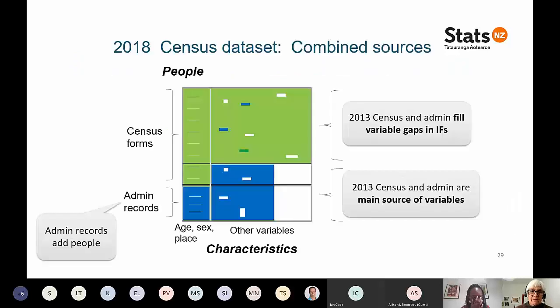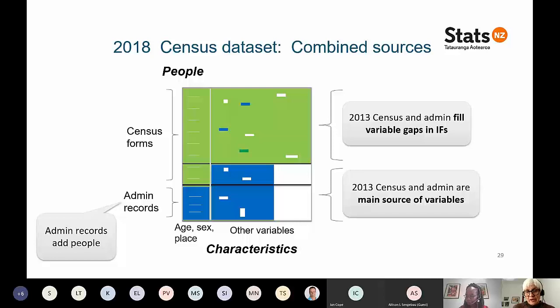So this final 2018 census data set looks like this. We have people counted because they responded to the census field collection, and people counted because we've included them from administrative records. For people who filled out the census form, most of the variable information comes from the form, but we've been able to fill in some gaps for item non-response, as we'd planned, from administrative data.